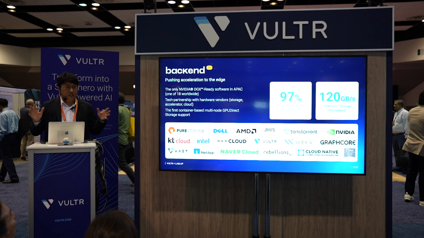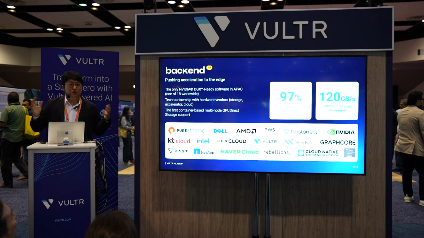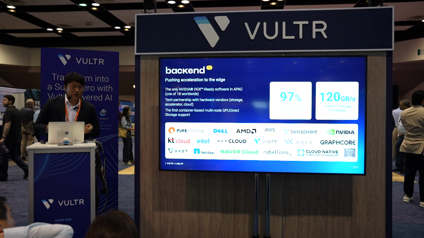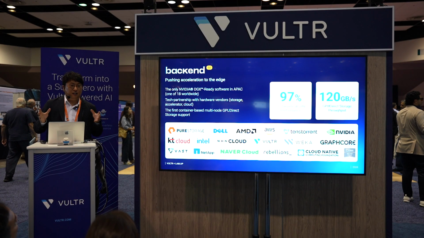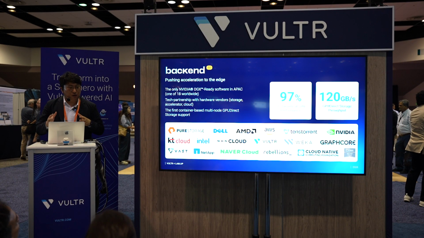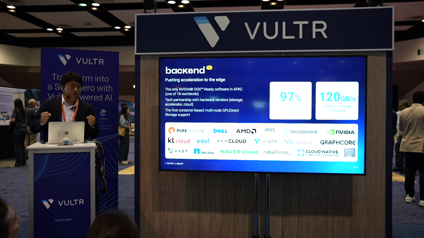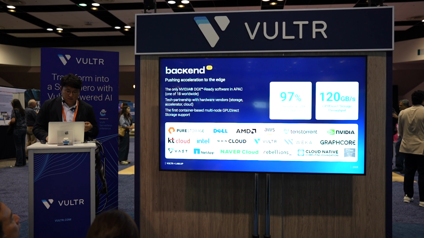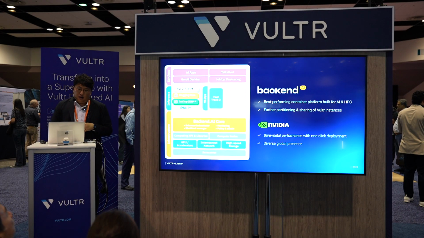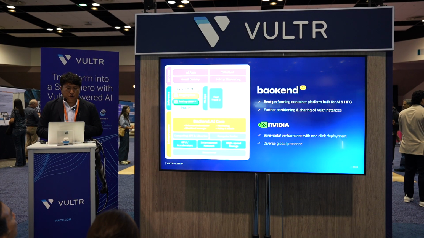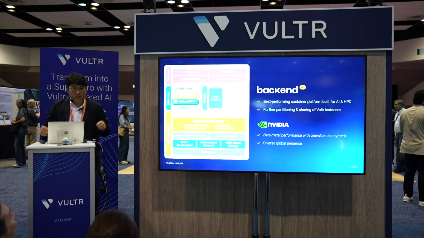So Vultr is going to be our new cloud partner. We hope that we could reach out with cost-efficient, high-performance AI instances combined with the convenience of the Backend.AI platform. I'm going to go a little bit more into the Backend.AI platform's technical differentiation.